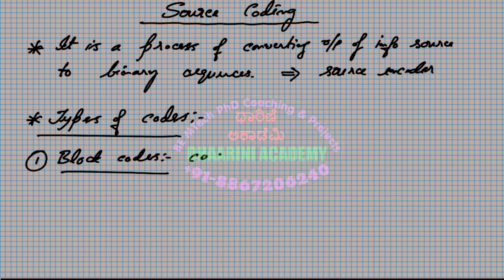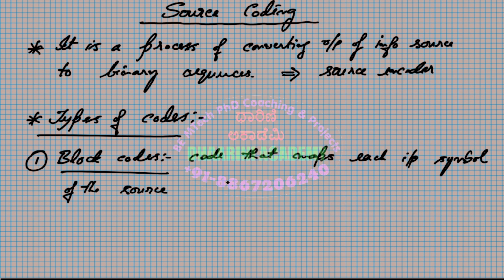It is a code that maps each input symbol of the source alphabet into a finite sequence. Let's denote the source alphabet as capital S. S contains all the possible messages that get generated by the source.